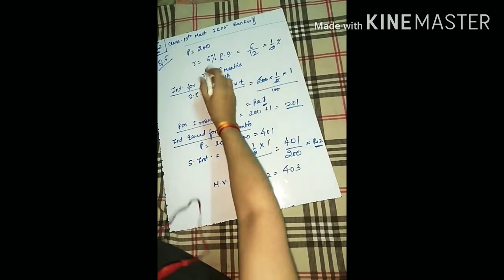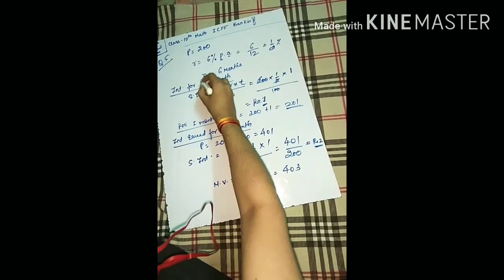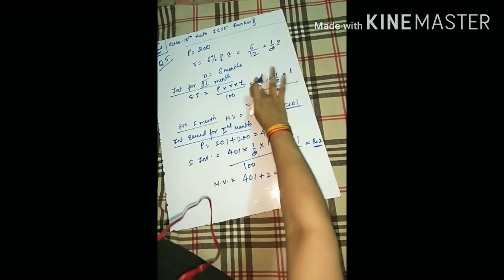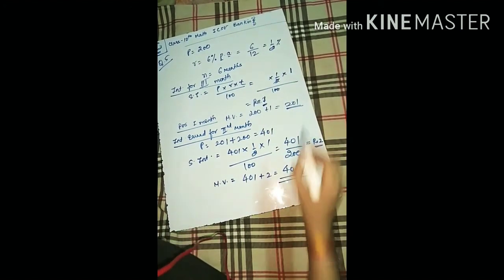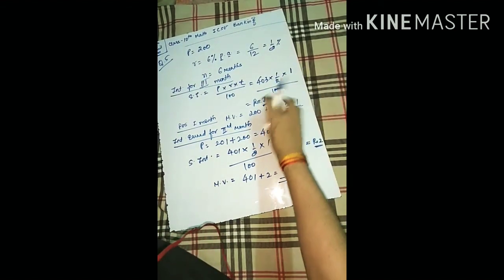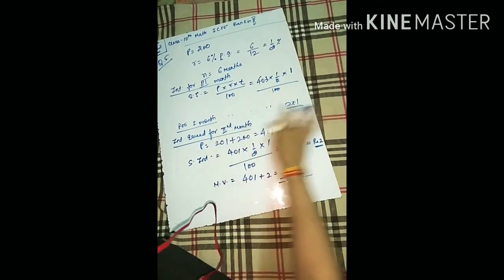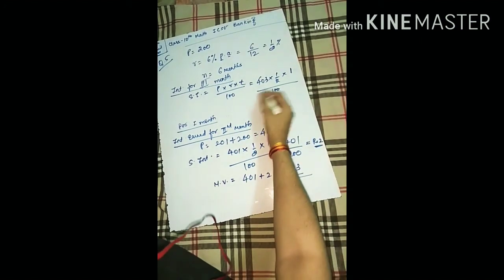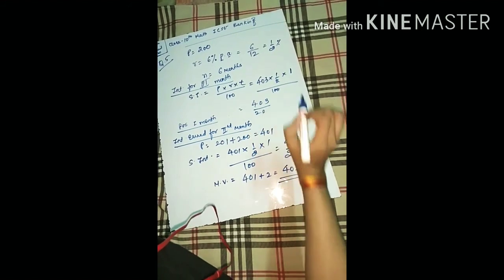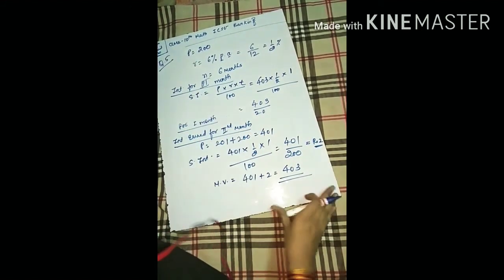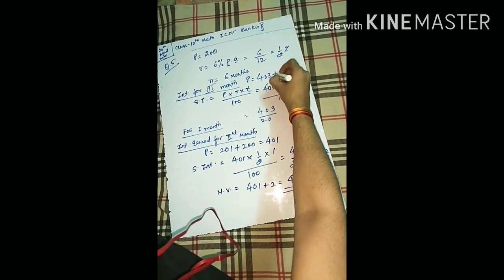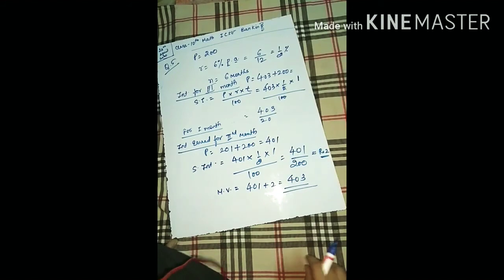Now what will be the interest earned for the third month? Again, simple interest PRT upon 100. What is P here now? 403. Wait. For the third month, what will be P? Sorry, P will be 403 plus 200, because he has deposited 200, no?